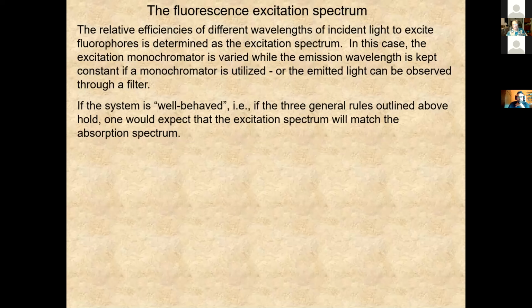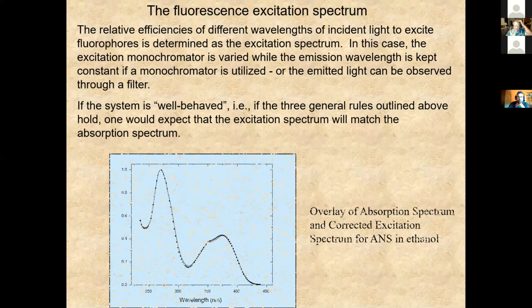And if the system is well behaved, that is, if these three general rules we outlined hold, one would expect the excitation spectrum to match the absorption spectrum. And here you see the absorption spectrum and corrected excitation spectrum for analytical naphthalene sulfonate in ethanol. And you see they overlap very well. I say corrected because there's a lot of instrument correction factors before you can get these excitation spectra. We're not going to go into that in this lecture.